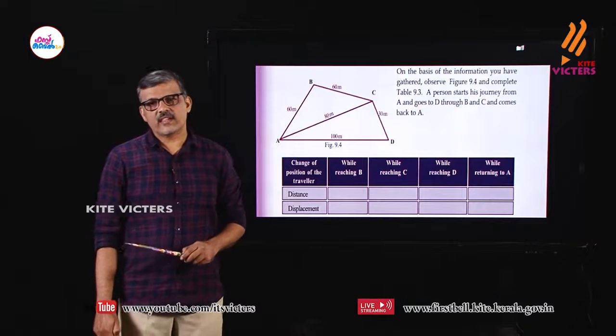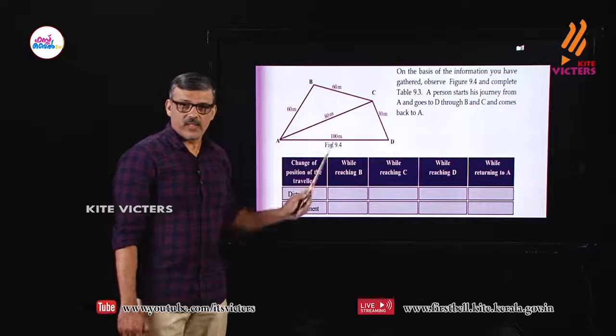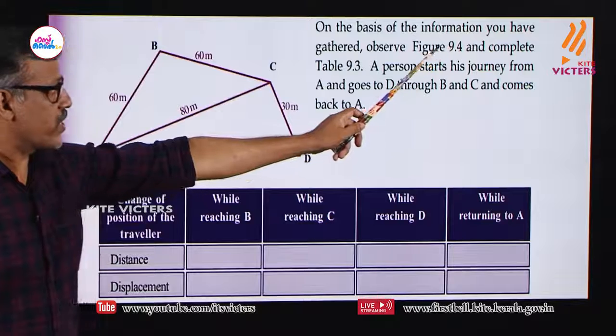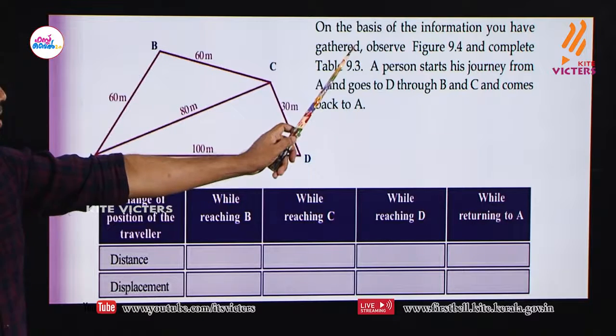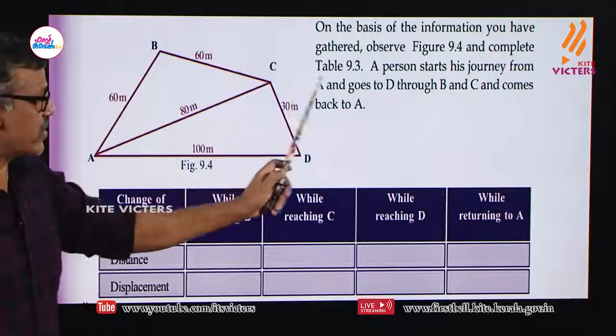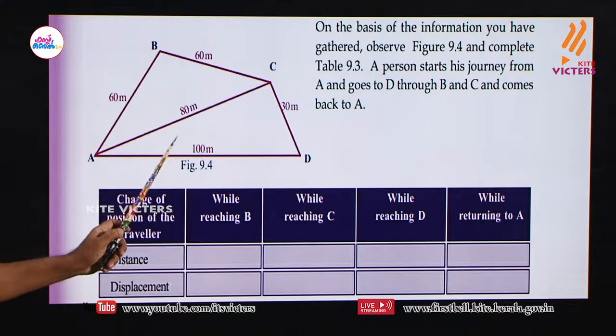Before ending the class, here are some questions for you. The first question is, on the basis of the information you have gathered, observe this figure and complete this table.